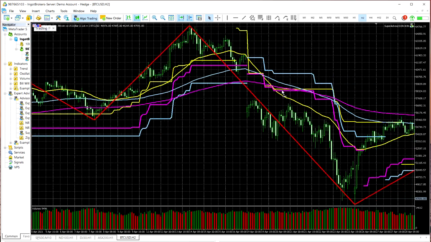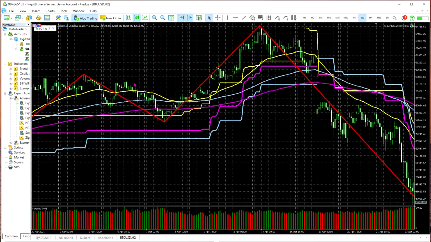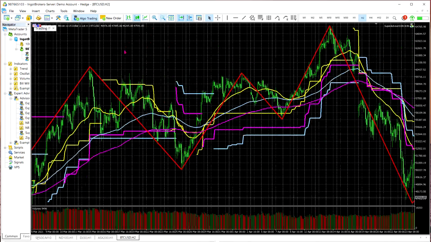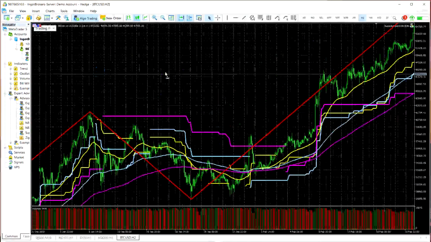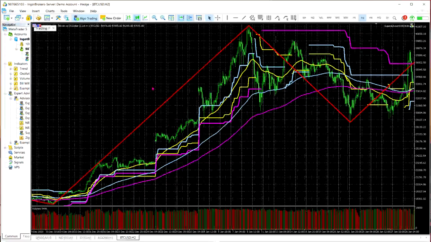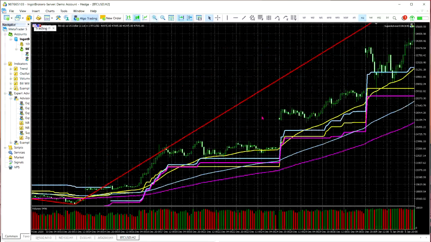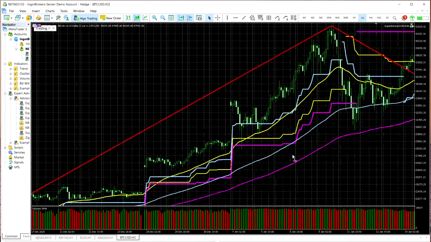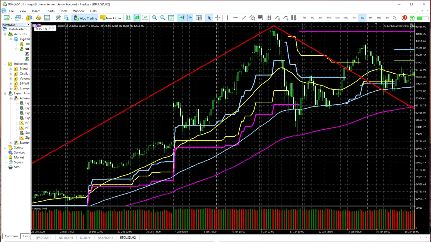Usually when the trend is in full power, the magenta line is under the blue one, like here, for example, and the trend keeps going higher and higher.